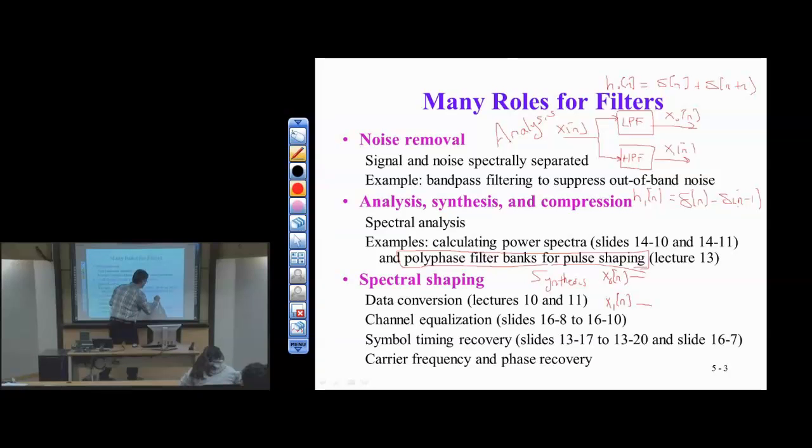Now, the more general way to do this is to have another bank of filters. It turns out in this case I could actually avoid the filtering, but I'll give you the general idea, that I'm going to reinforce the band of interest. So x naught is low pass already.